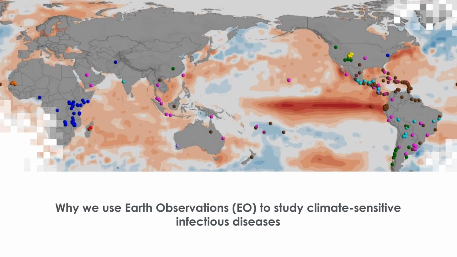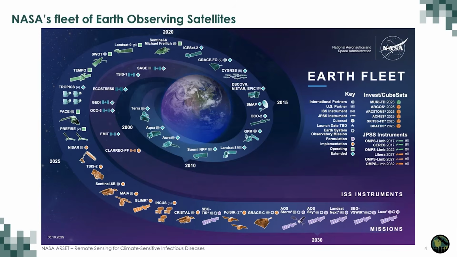I'm very excited to be here today and share with you why we use Earth observations to study climate-sensitive infectious disease. So the first thing I wanted to bring your attention to is just how many satellites we have orbiting the Earth. And this is just the NASA fleet of Earth-observing satellites.